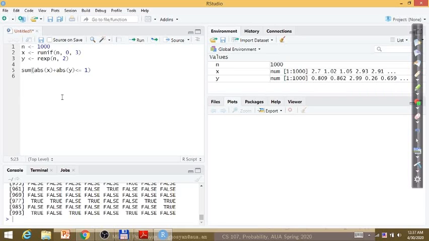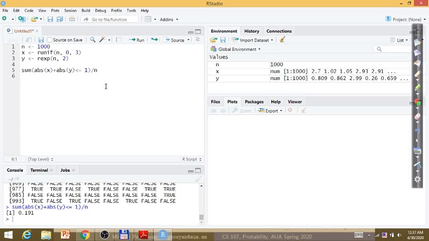And if I divide that by the total number of elements I am choosing, then I will get some approximation for my probability.